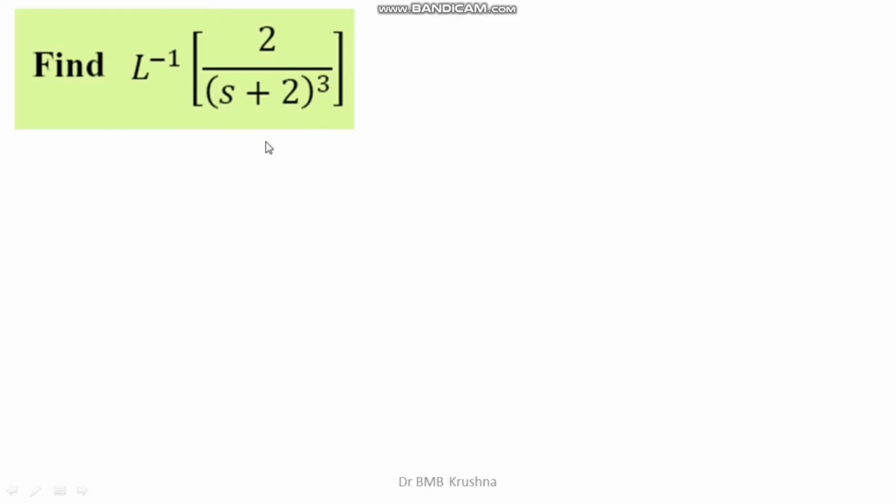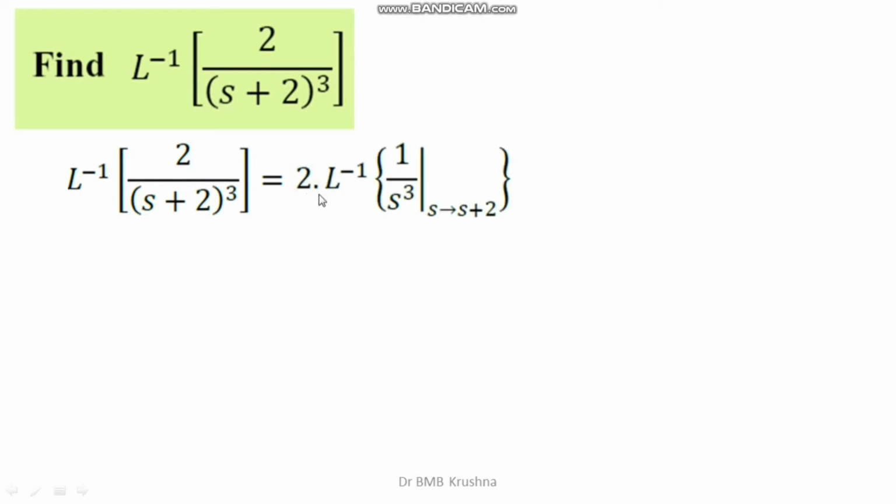For this, we consider inverse Laplace transform of 2 by (s plus 2) whole cube. Here 2 is constant. Now 2 times inverse Laplace transform of 1 by s cube, where s is replaced with s plus 2. Here we have written this function as a solo function in terms of the parameter s.